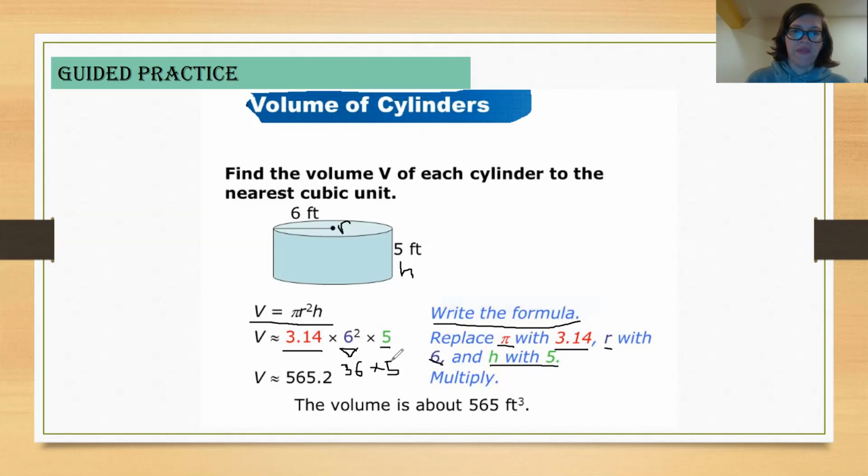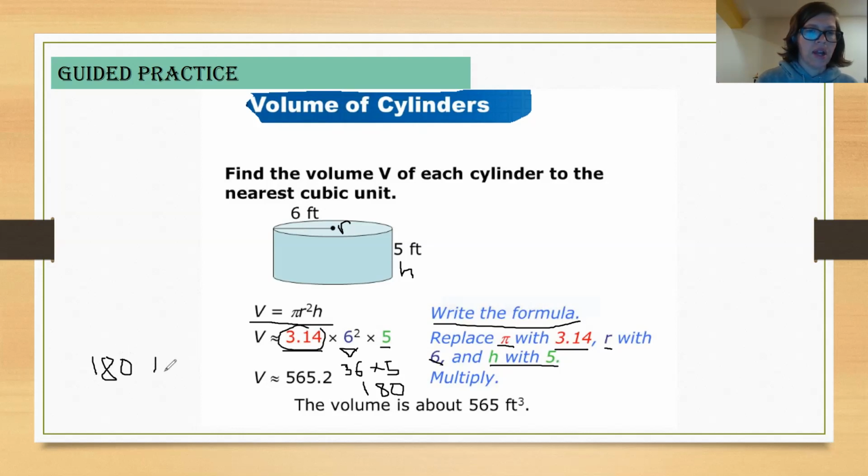And 36 times 5 should give you 180. And then they took, I'm going to write it out here to the side, 180, and multiplied it by pi.